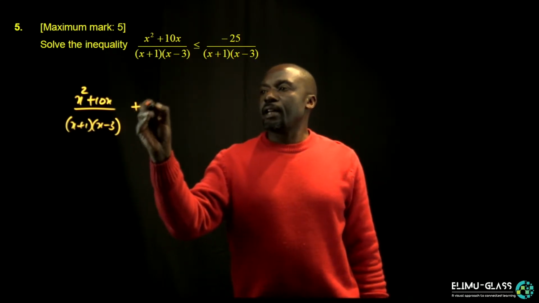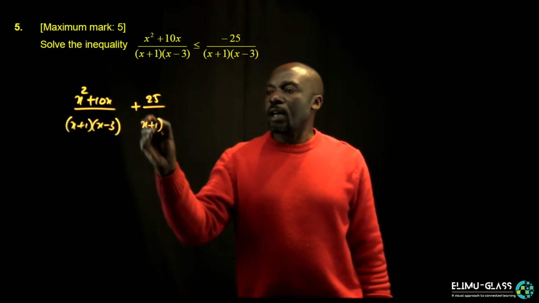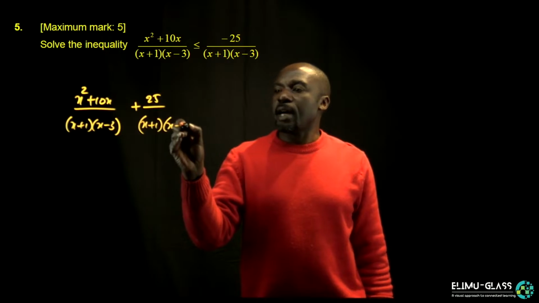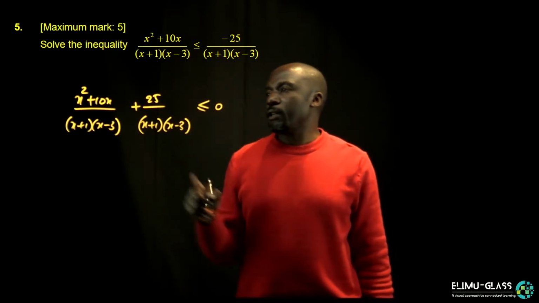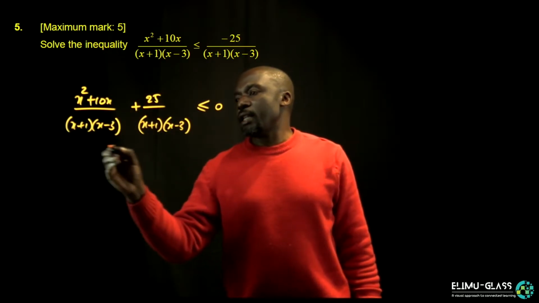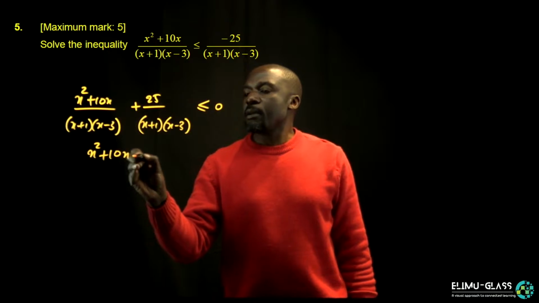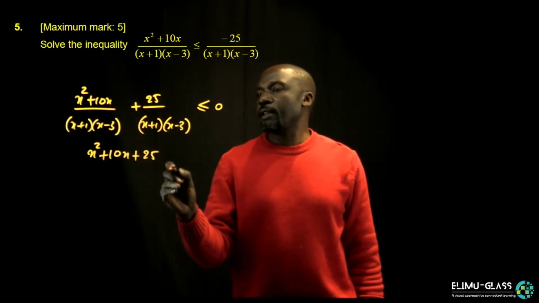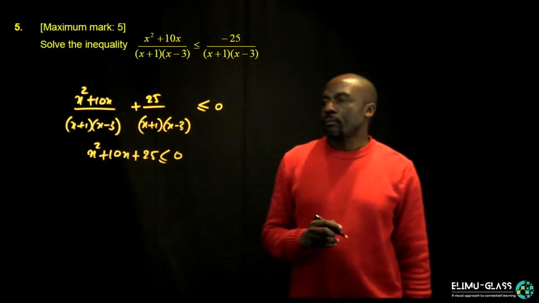So we have plus 25 over x plus 1, x minus 3, and say that is less than or equal to 0. So clearly when you add this, you will get x squared plus 10x plus 25 is less than or equal to 0.